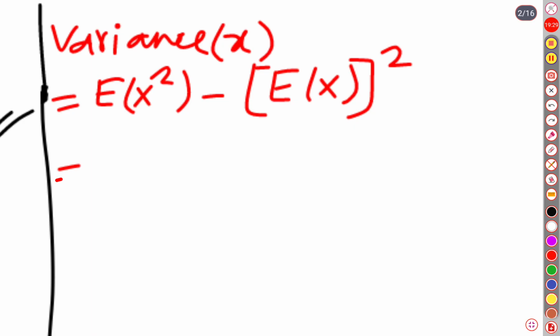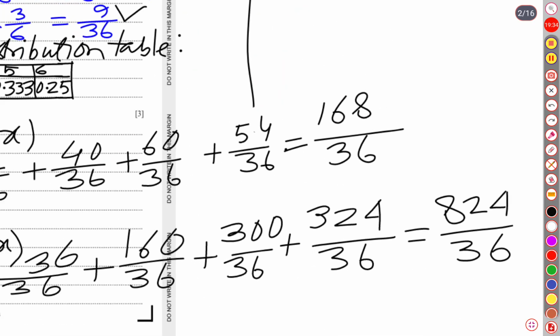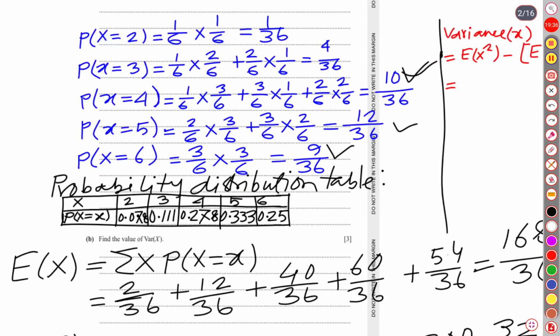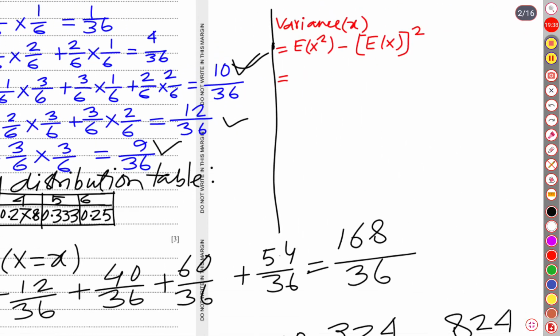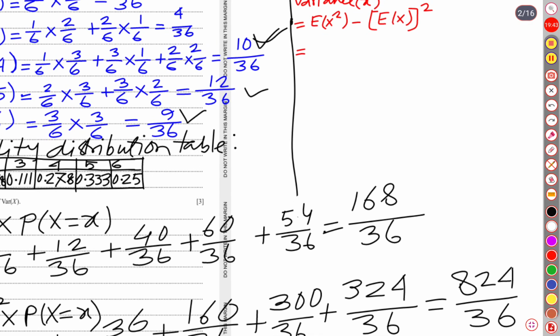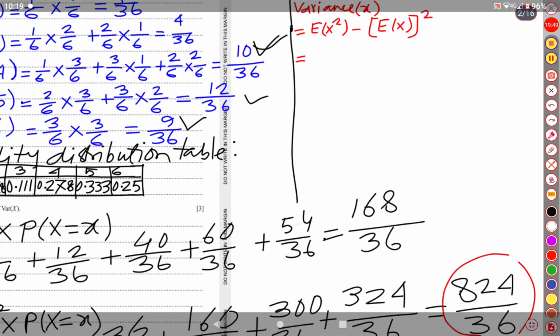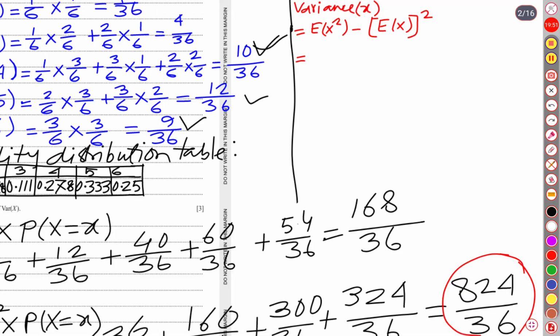Now let us see what was our E of x squared. Yes, this is our E of x squared: 824 over 36.